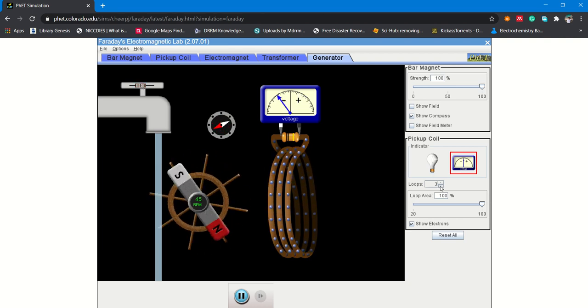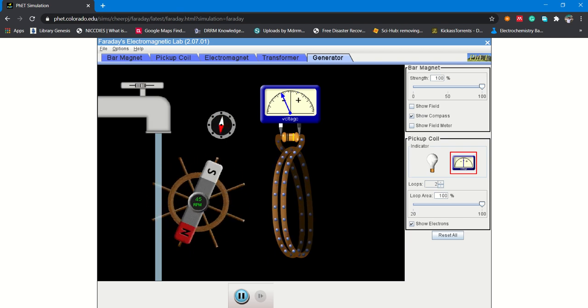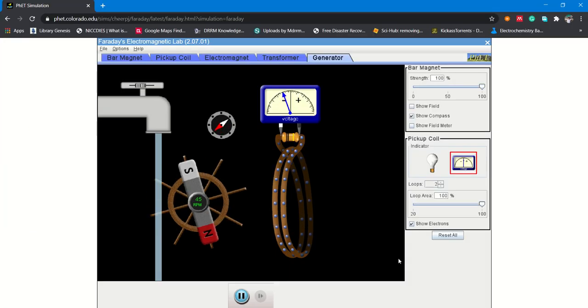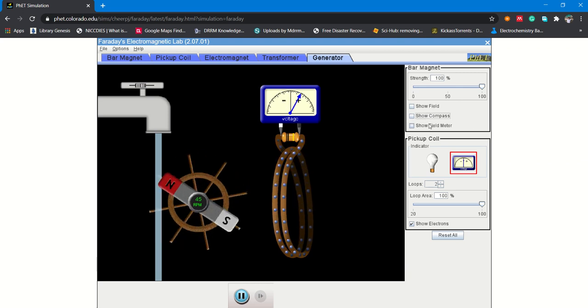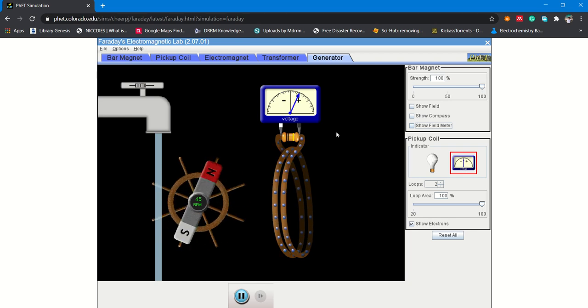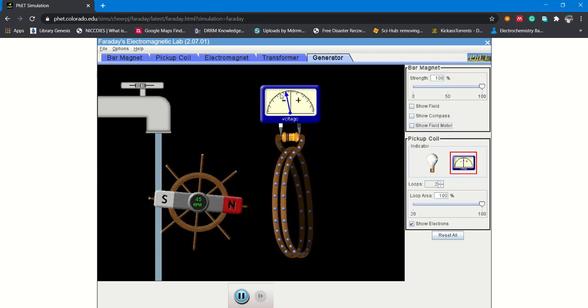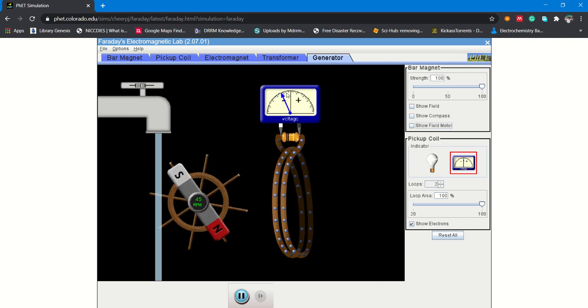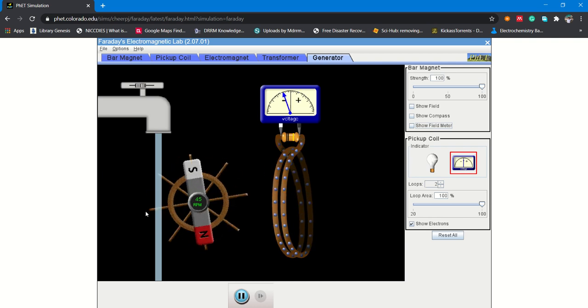Ang ating loops ay 2. Tama ba? 2 is to 2? Alright, 2 is to 2. So, if we're going to interpolate is that we can observe 1, 2, 3, 4, 5, 6, 7. So, we get 7.